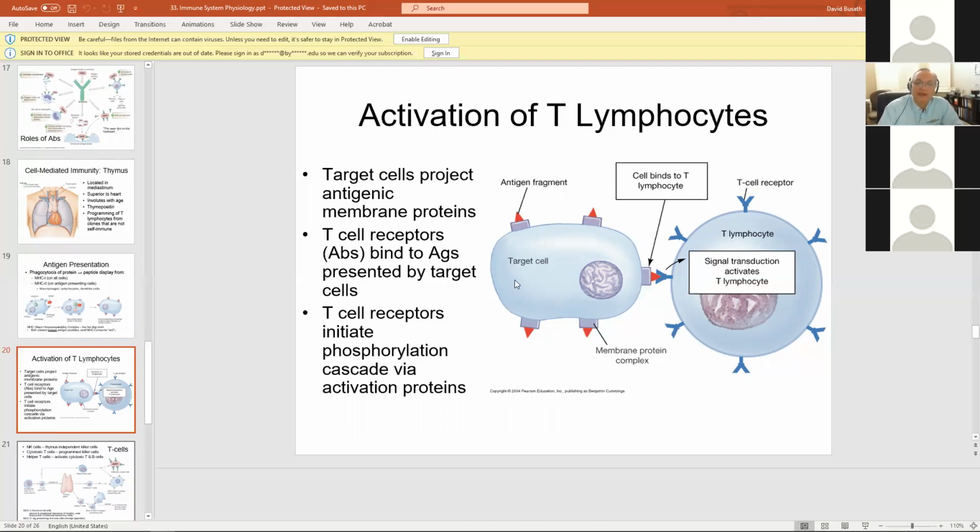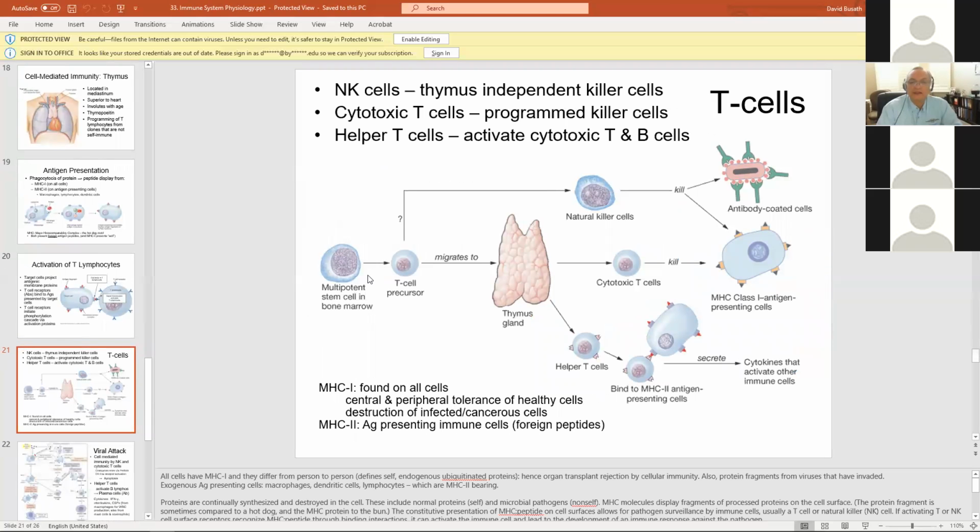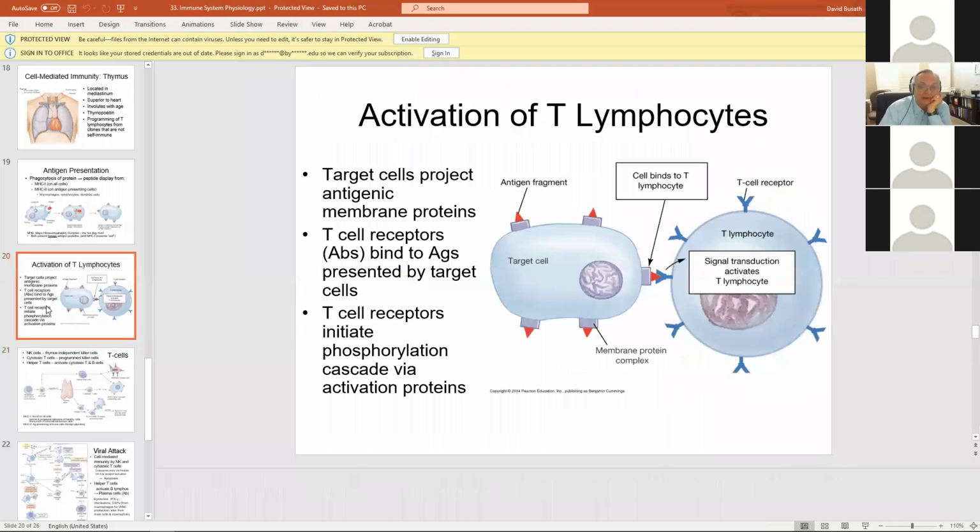The answer is these antigen presenting cells stimulate, I don't know, I can't think of the answer.